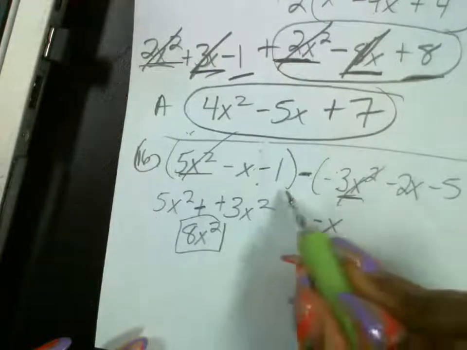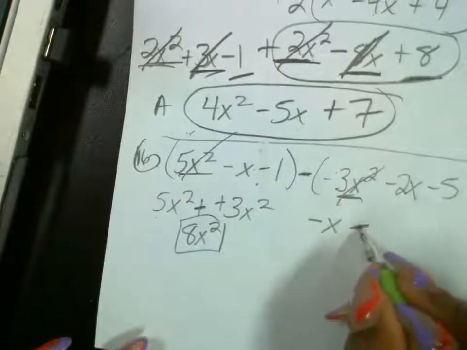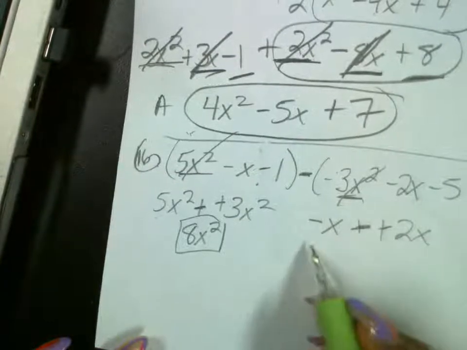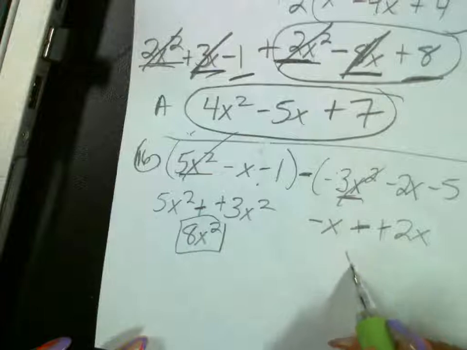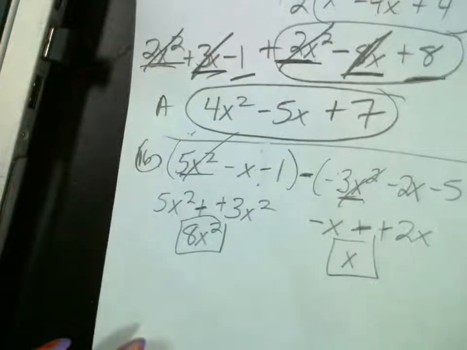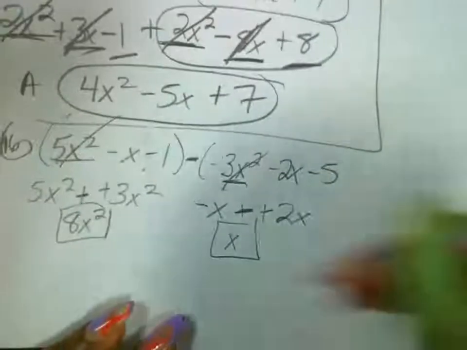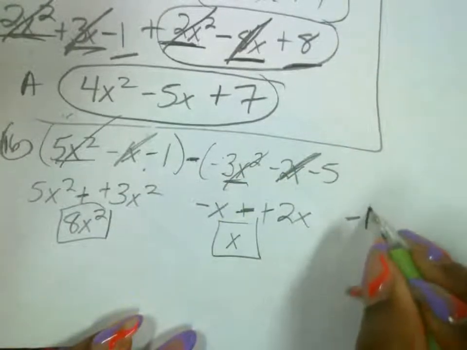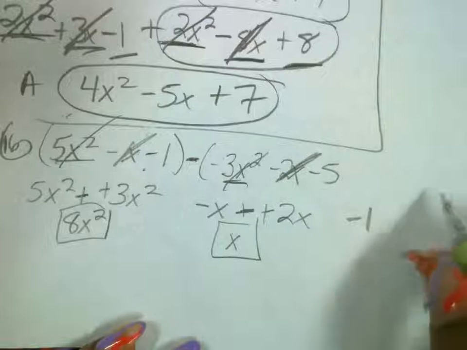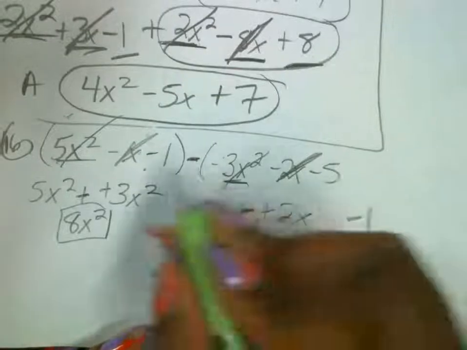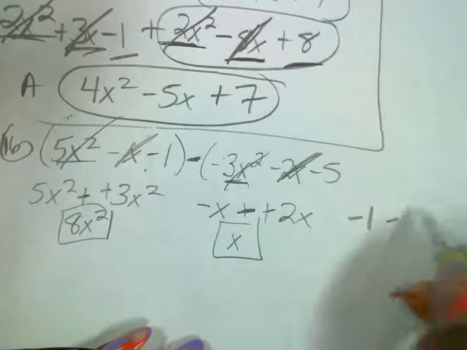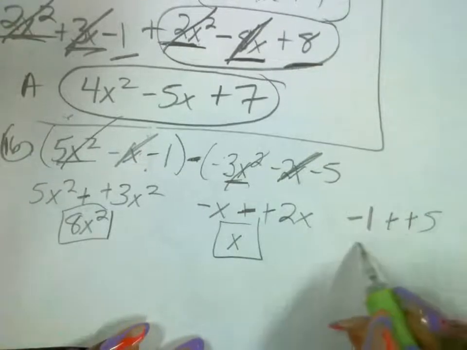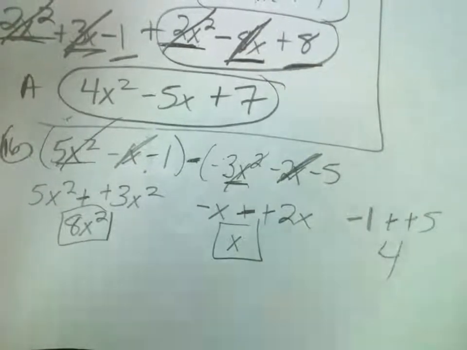Negative x minus a negative 2x. So this is plus a positive, and this gives me a positive 1x. So now I'm doing this one. Negative 1, and I could have lined them up and done it, that's another way to do it. Negative 1 minus a negative 5. This is plus a positive, and so this gives me 4.